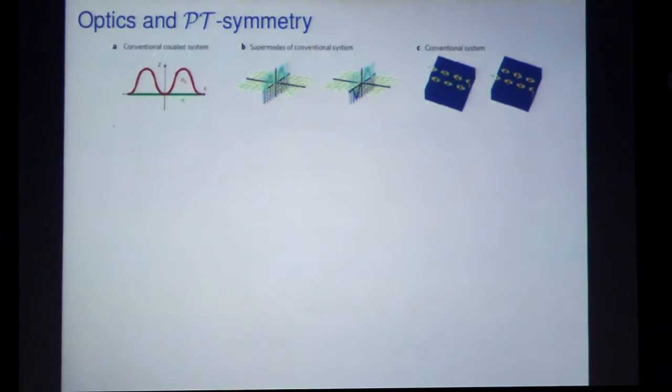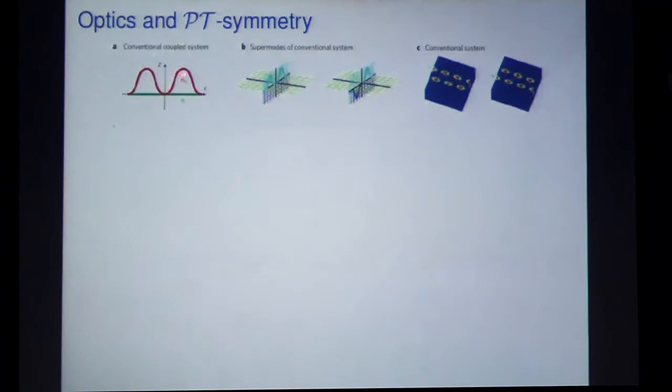So a team in California exploited this relationship in order to make an experiment of a PT symmetric system, but not in quantum mechanics, but in optics. So what they did is to generate a couple of waveguides, and here I have the refractive index.